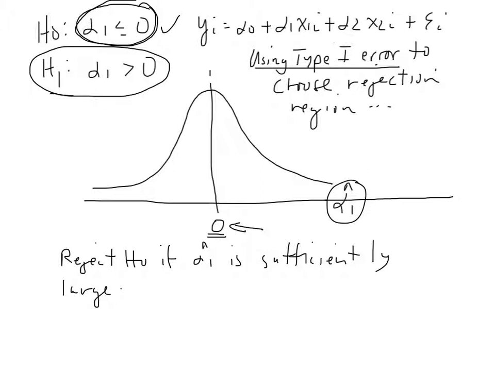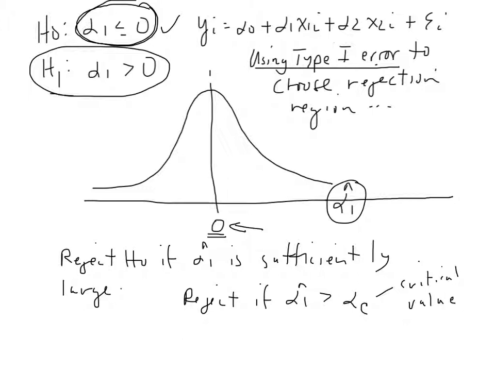Next, we're going to reject the null hypothesis if alpha 1 hat is bigger than some threshold value, which we're going to call alpha critical. You would have heard the word critical value in your statistics class earlier. So we reject H0 if alpha 1 hat is bigger than alpha critical.